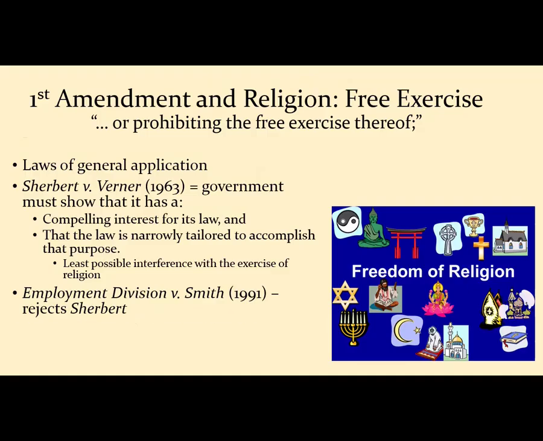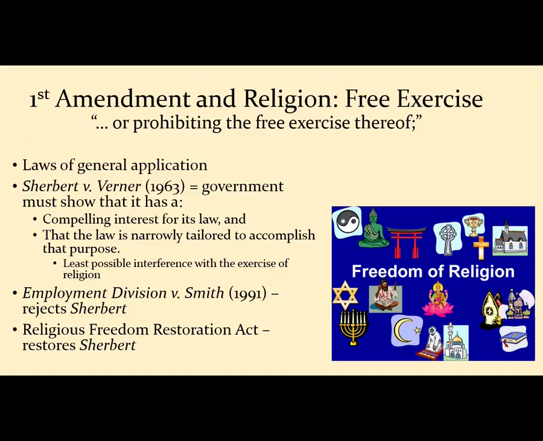But that particular decision, the Employment Division versus Smith decision, angered many, many people, and many members of Congress were upset by it. So they passed a law not too long after the Smith decision called the Religious Freedom Restoration Act.